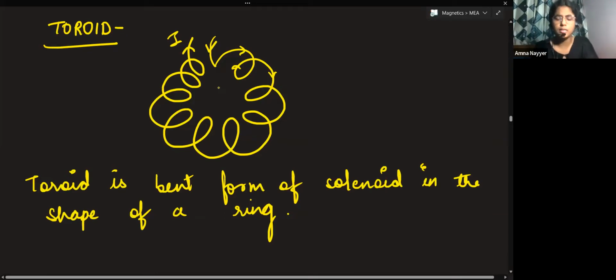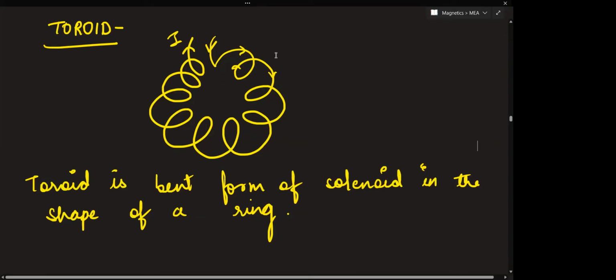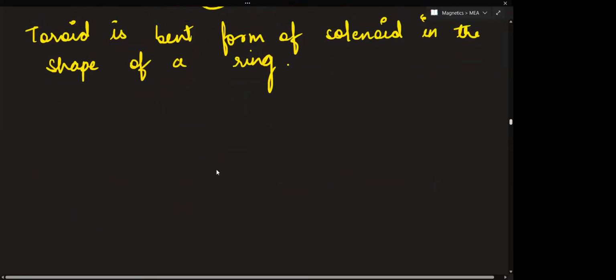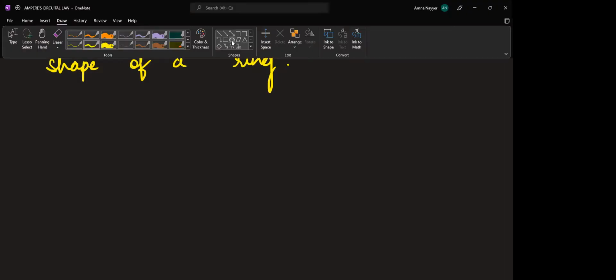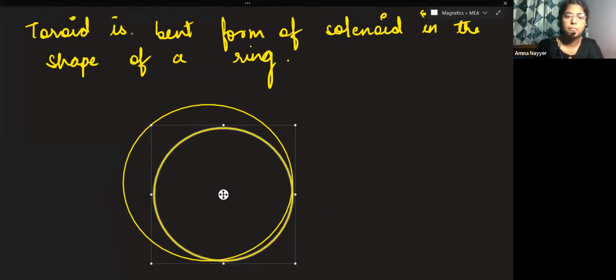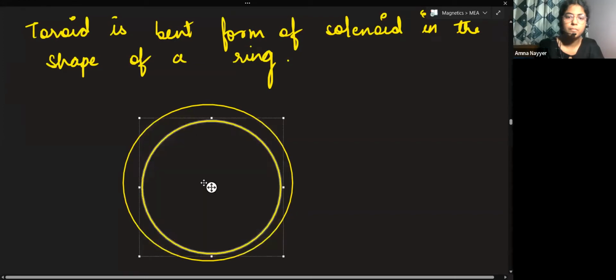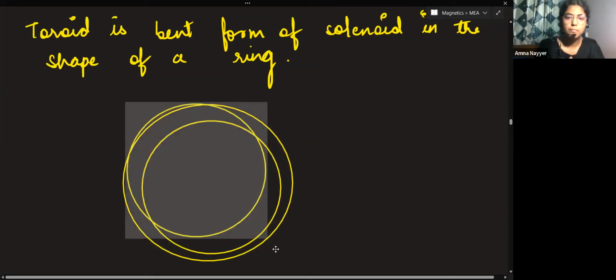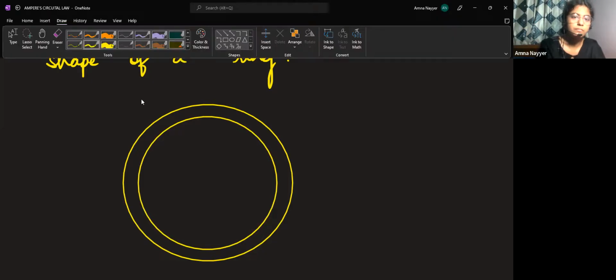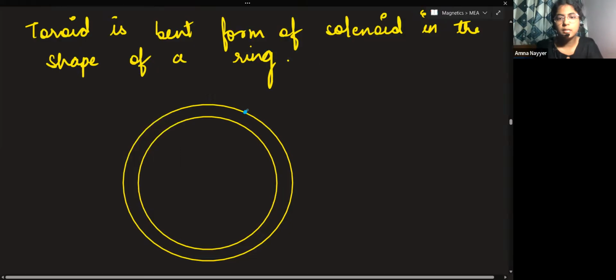Obviously, it is very difficult to understand this. Again, these dots represent that current is moving outwards, because it's a coil basically, no?